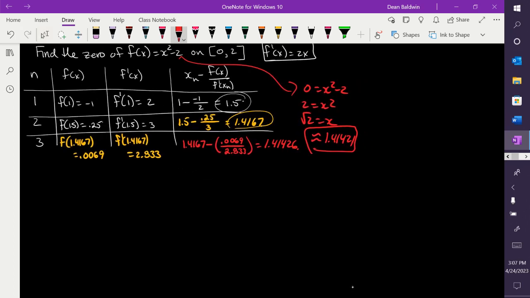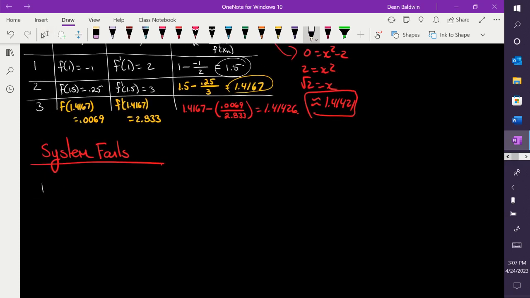So, I'll just say the system fails if your initial guess has a slope of 0.